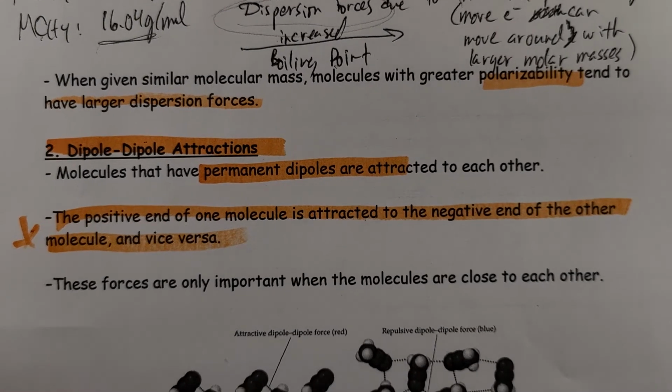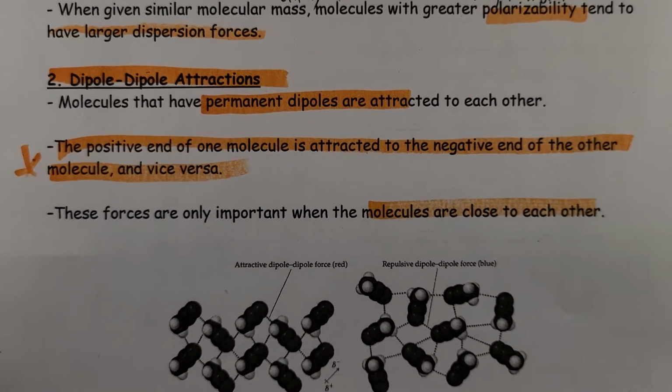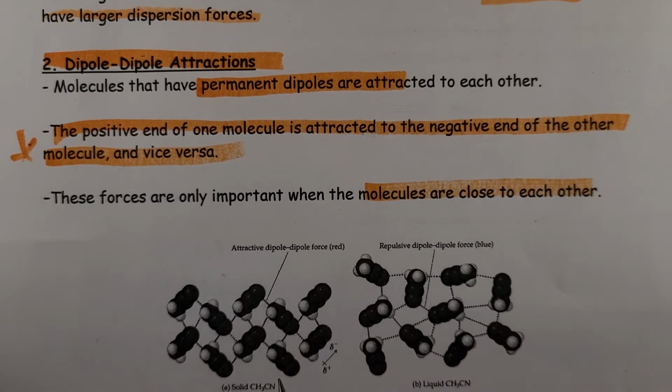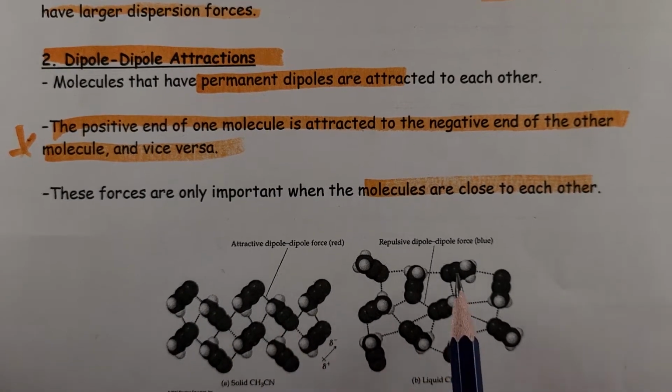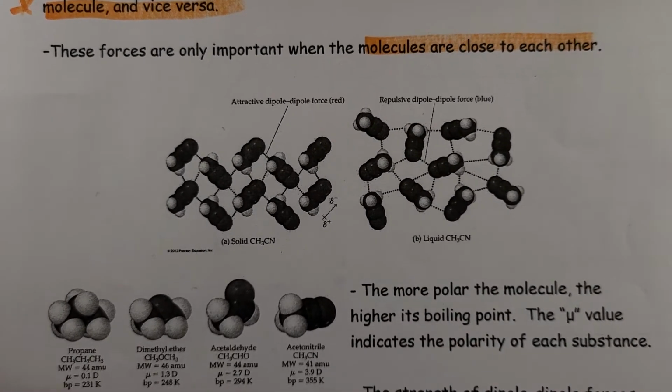And these forces are important when molecules are close to each other, so they can attract with the opposite sides attracting. So here's some examples. Here we have a liquid held close together by permanent dipoles. And of course, the more polar the molecule, the higher its boiling point.